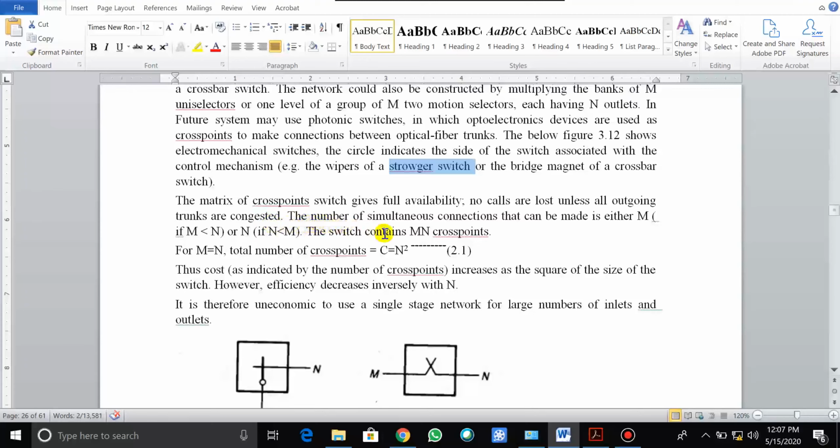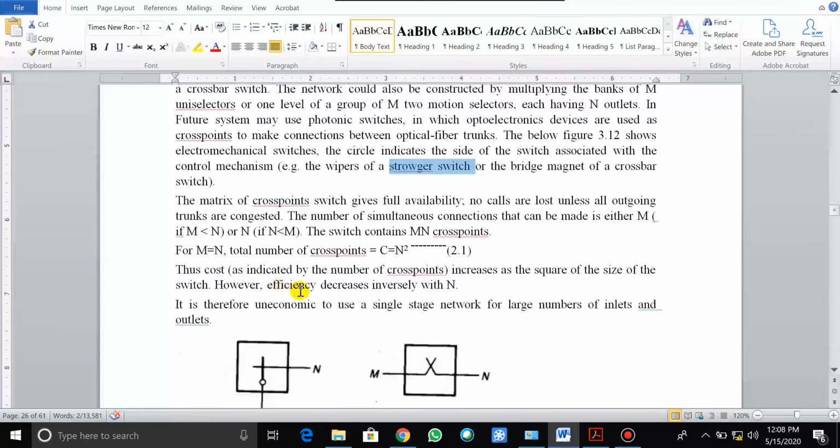The number of simultaneous connections that can be made is either M, if M is less than N, or N, if N is less than M; the switch contains MN crossbar points. So for M equal to N, the total number of crossbar points is C equal to N square. Thus, the cost increases as the square of the size of the switch.